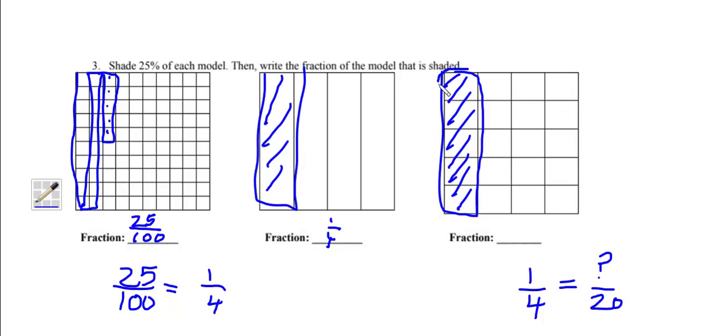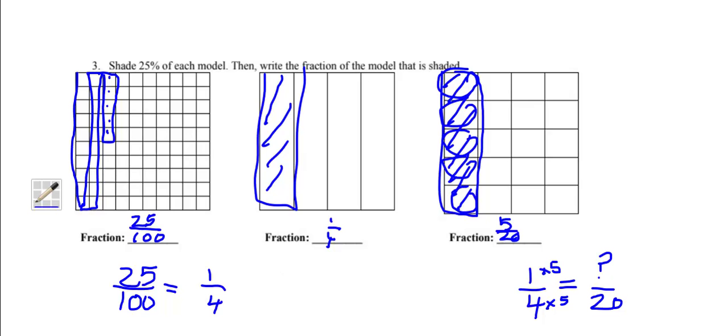If we count the little squares, it's 1, 2, 3, 4, 5. And doesn't it make sense that if we were to solve for the question mark, it would be 5? Since this times 5 is 20, 1 times 5 would give you the answer, which is 5 out of 20, which is equal to 25%.